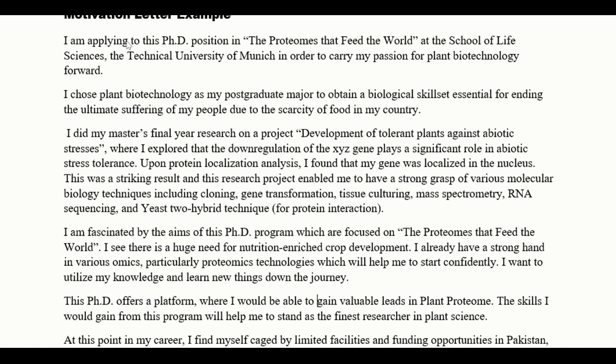So in the first paragraph, I explained a little bit that I am knowledgeable about the position, that I wrote the document after reading the ad, and that I didn't copy a motivation letter which I made for another position. Here I am saying that I am applying to this PhD position in the Proteomes That Feed the World at the School of Life Sciences at the Technical University of Munich, in order to carry my passion for plant biotechnology forward.